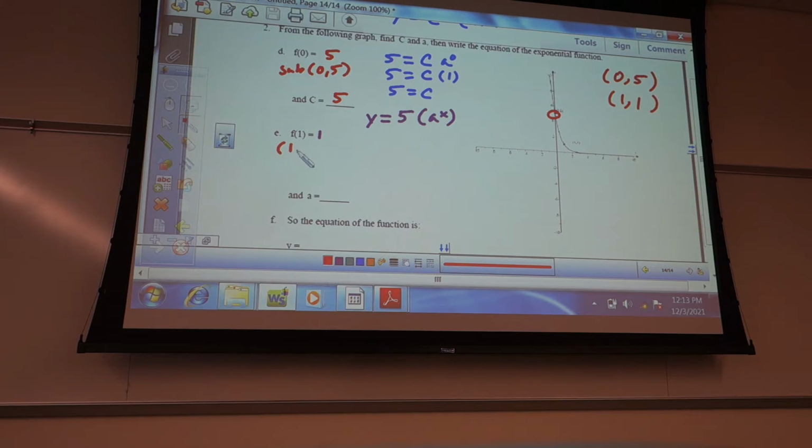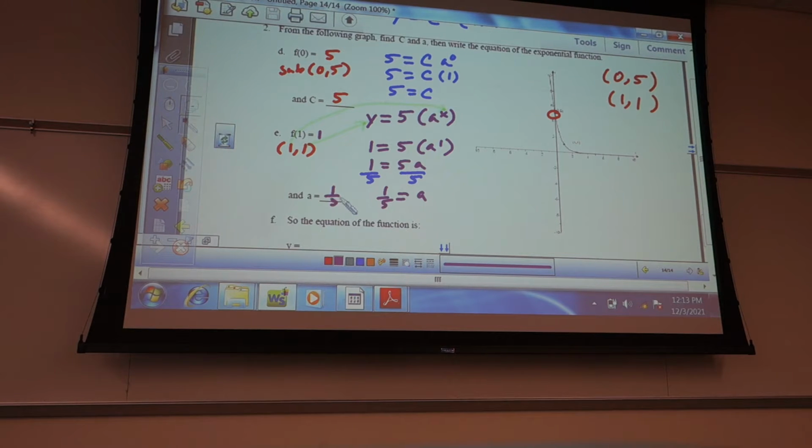So we have 1, comma 1. We're going to substitute that into this here, and we'll get 1 equals 5 times a to the 1. A to the 1 is just a, so 1 equals 5a. Now we're going to divide both sides by 5, and you all got a is equal to 1/5.